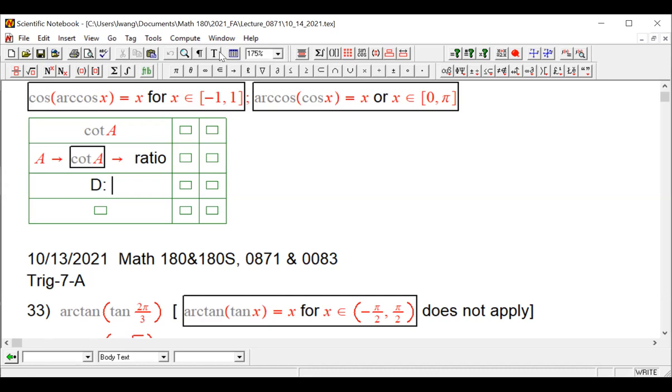So the angles can be any real number but k pi. Review that part if you have questions; we have addressed all of these issues before. And the range is from negative infinity to positive infinity.